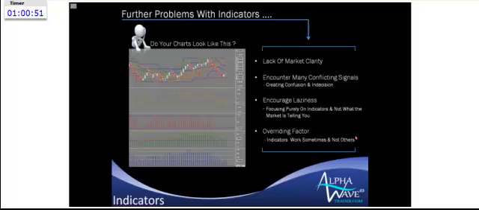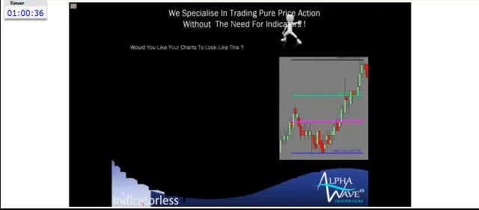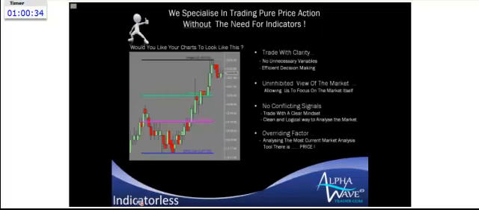But again, if you found an indicator that works, consider yourself very fortunate and very lucky. Stop looking. Use that one indicator and consider yourself the exception, not the rule.